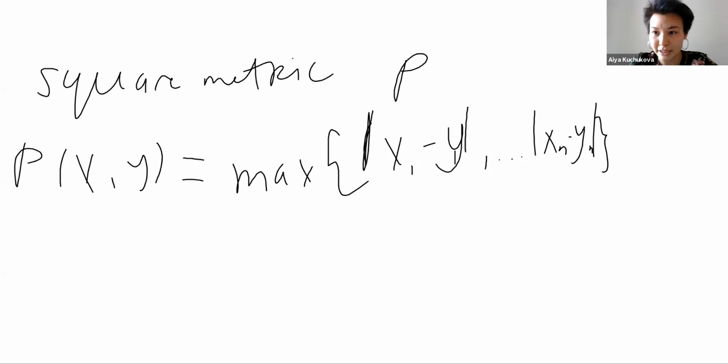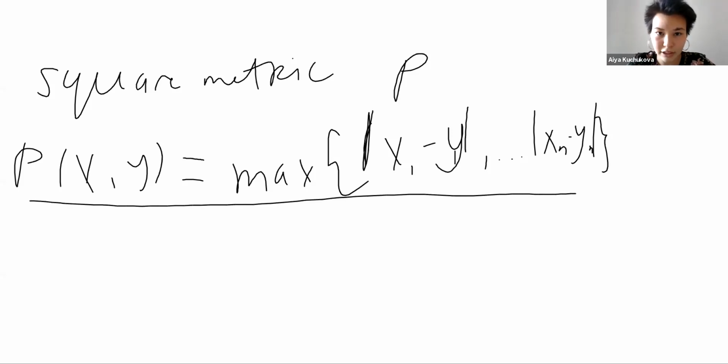Also, by the way, I think you have an option of drawing on my screen, so you can just draw here, this space is yours. And please say something.